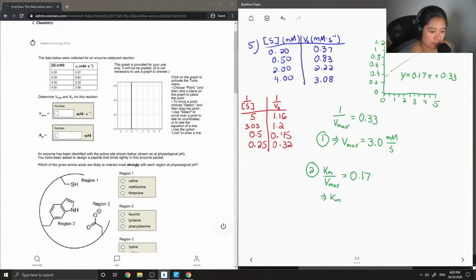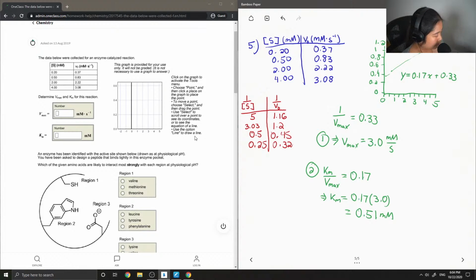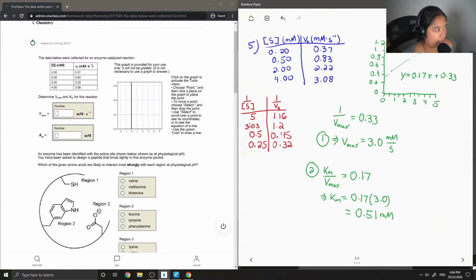So subbing in our V max value, you get 0.17 times 3.0. And then our Km value is 0.51 mM. So that's for part A of 5.